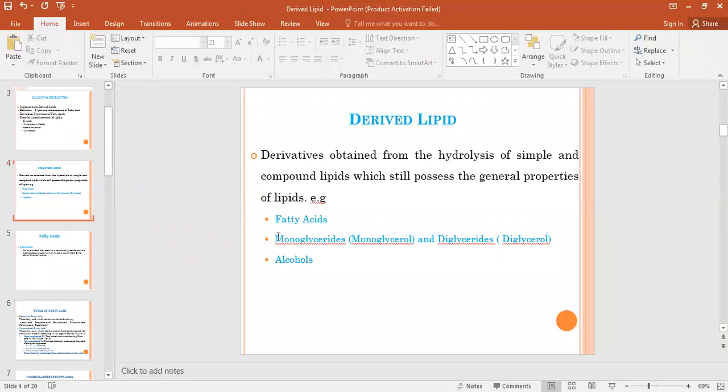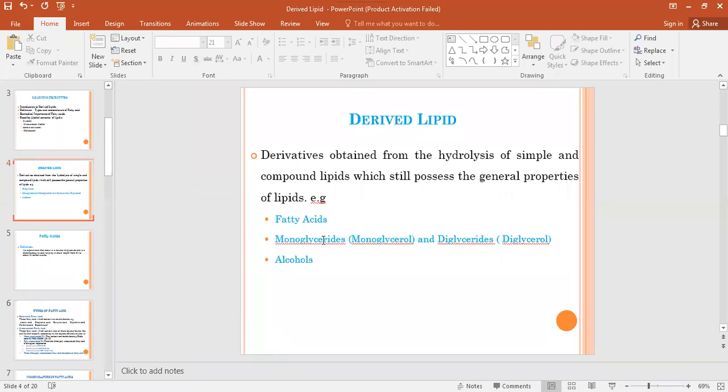Here I mentioned in slide number 4 that monoglycerides and diglycerides are examples of derived lipids. What is the difference between the mono and diglycerides, in terms of the number of fatty acids?